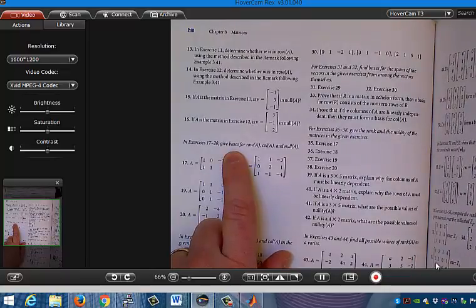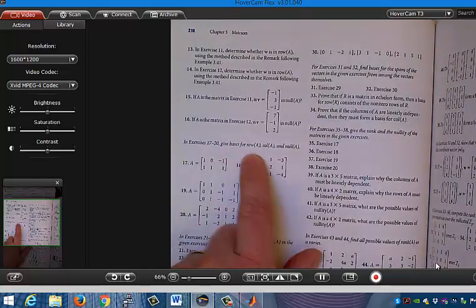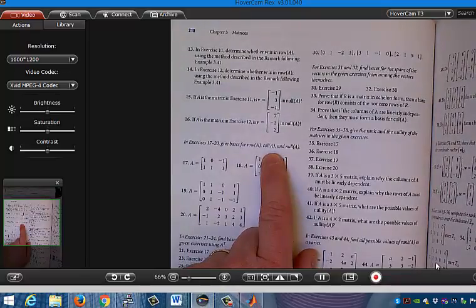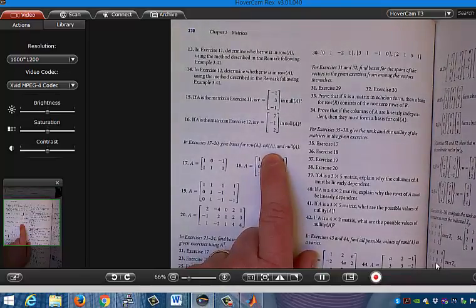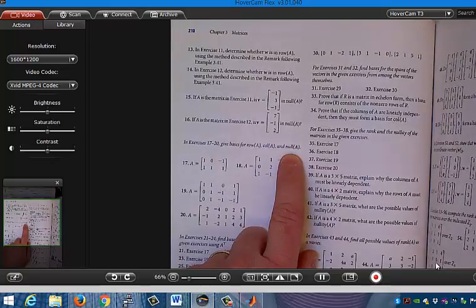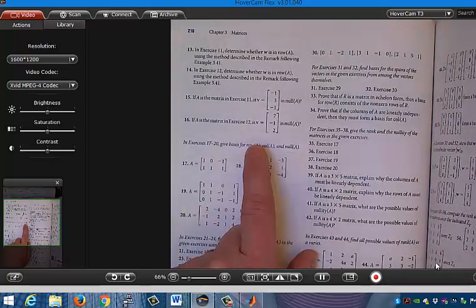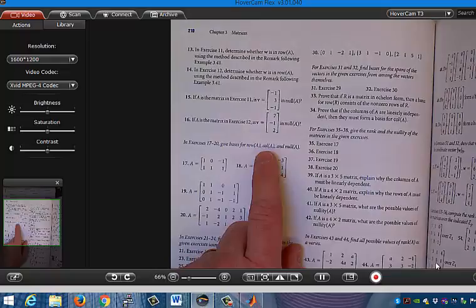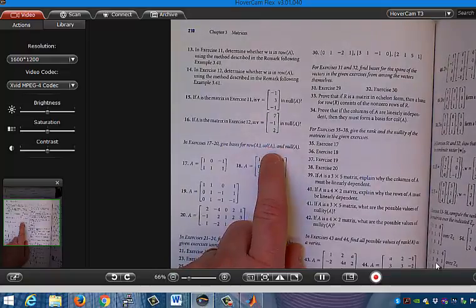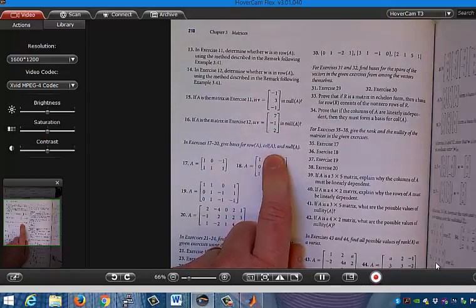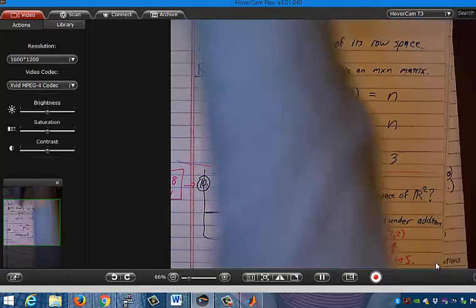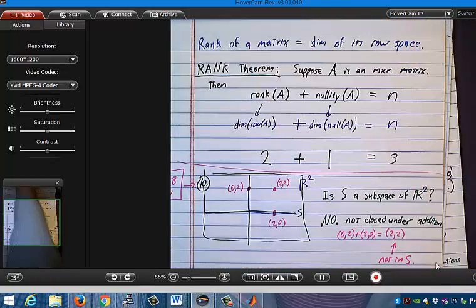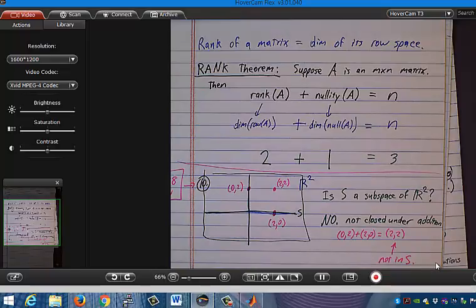So find a basis for the row space of A, the column space of A, and the null space of A. So I've done null space and I've done row space, but I haven't done column space yet. I should probably do that. Let's talk about how you find a basis for the column space of A.